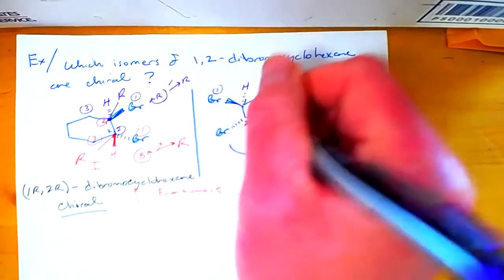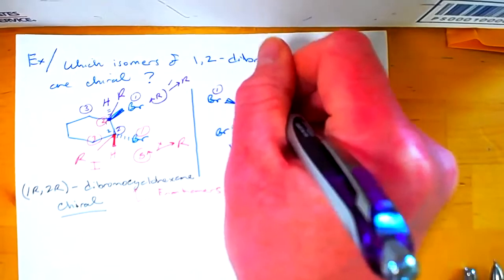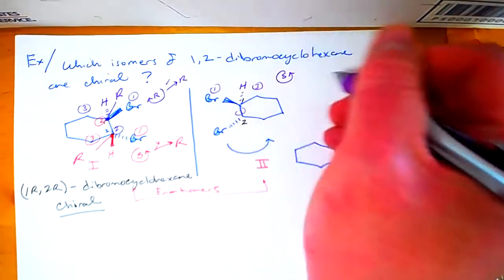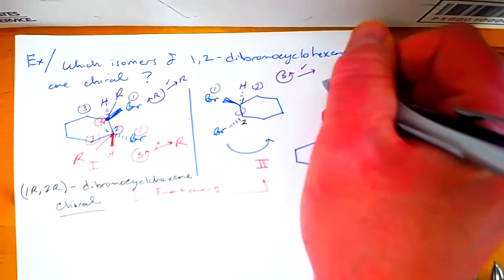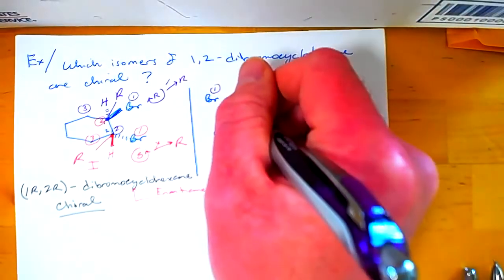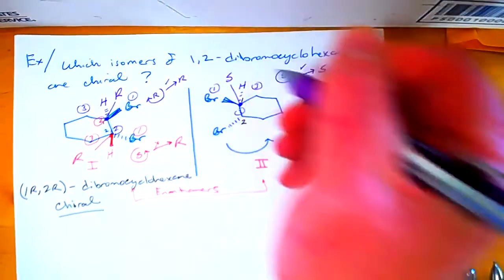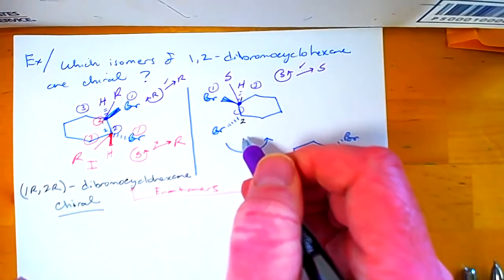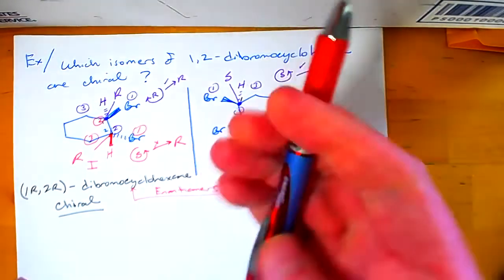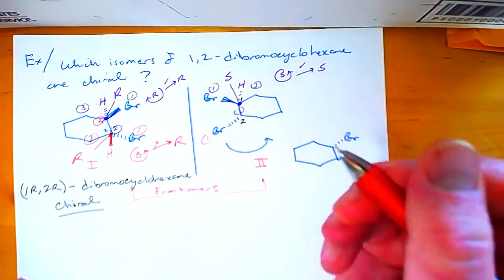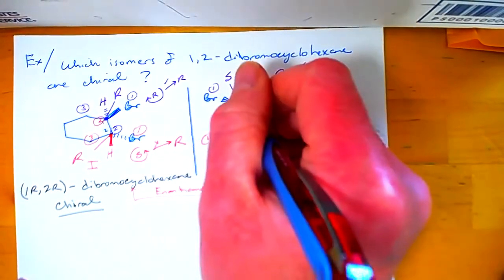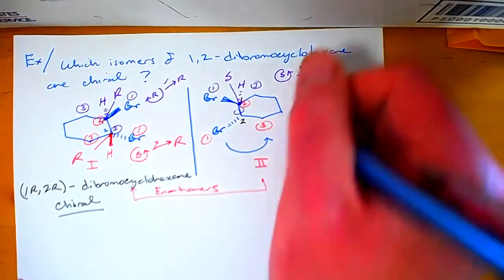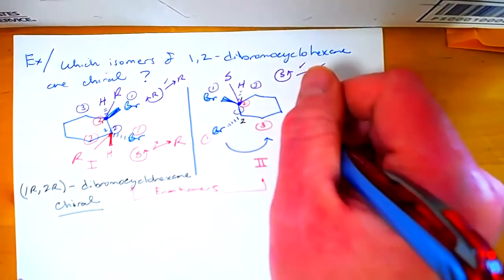So this is 1, this is 2, this is 3, going like that. That's counterclockwise, S. When you check your number 4 group, it's back, and so this center is in fact S. Then if you come down here to the 2 position, you've got bromine 1, this carbon 2, and this carbon 3, and so it's going 1 to 2 to 3 like that.